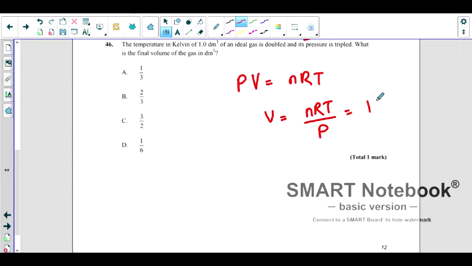Volume is 1 decimeter cube. The temperature is doubled and the pressure is tripled. So it is like the factor of 2/3. So 2/3 is the change.